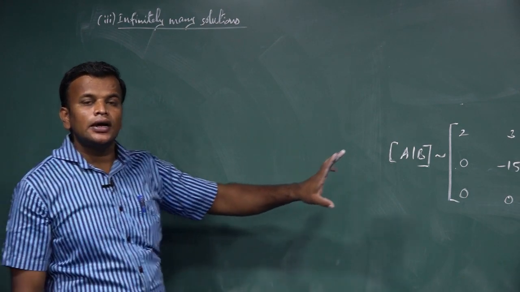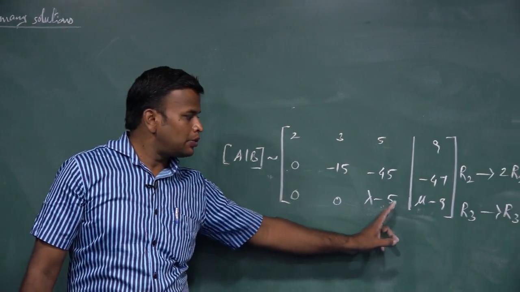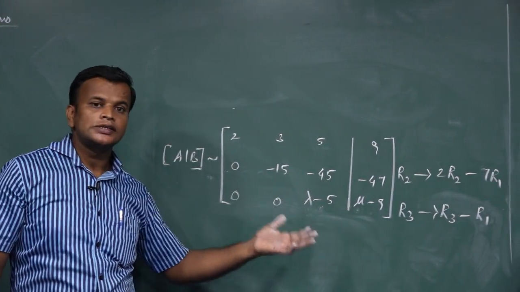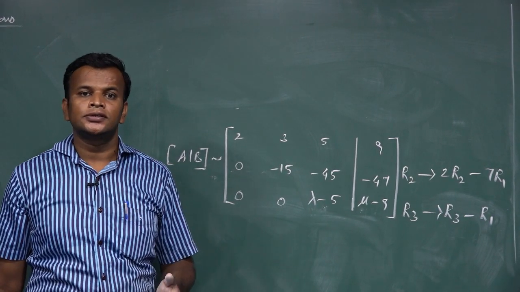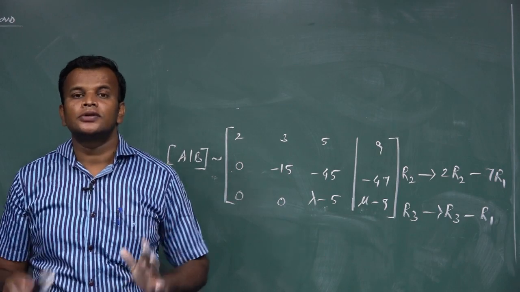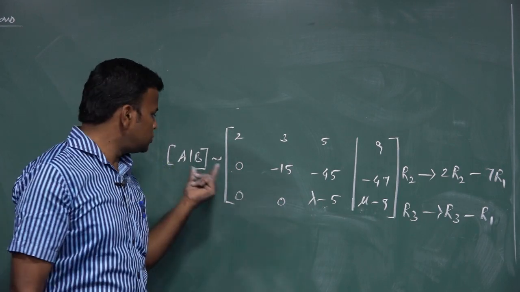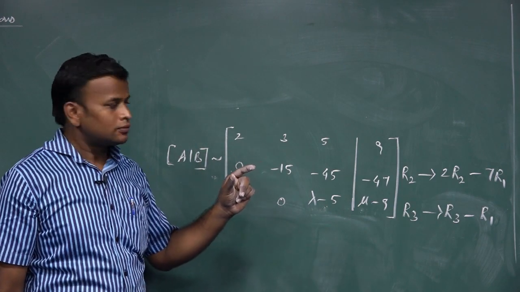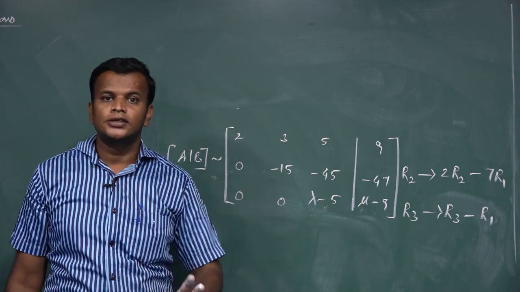You see again the augmented matrix. When the system has infinitely many solutions, both the ranks should be equal and less than 3. The rank may be 2 or 1 for both A|B and A. So that means we need the third row to fully vanish.